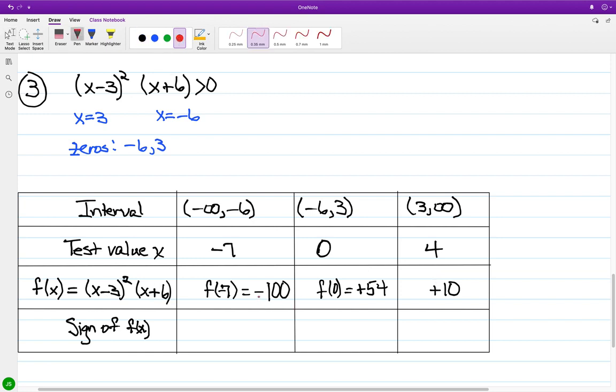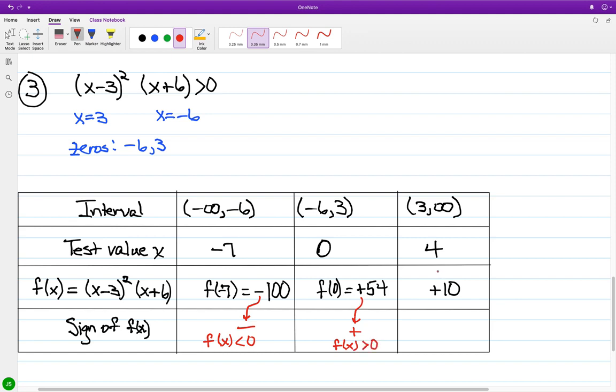And for the sign of f of x less than -6, the result is negative, so we have that f of x is less than 0. Anything we plug in between -6 and 3, but not inclusive of -6 or 3, the output will be positive, so f of x is greater than 0.